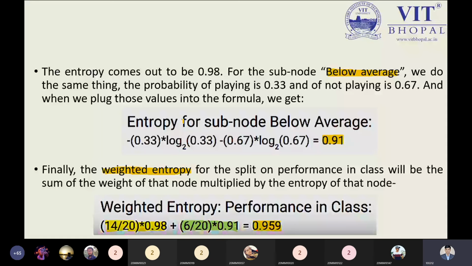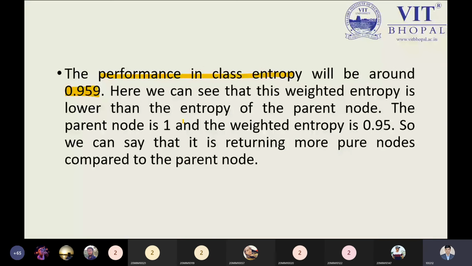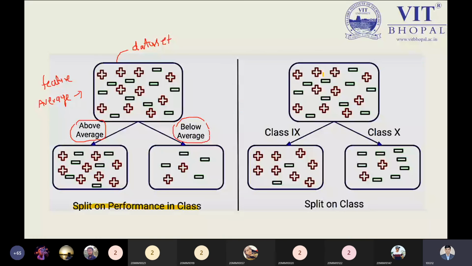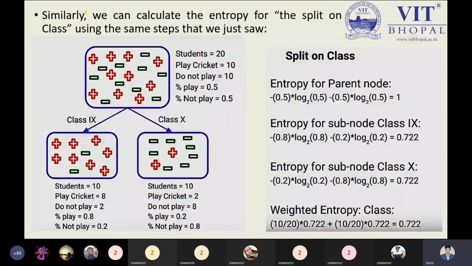We apply the same approach to our next part, splitting the data based on the class the students belong to, class 9 or class 10. So here we have two different kinds of data, and similarly we can calculate the entropy for the split on the class.